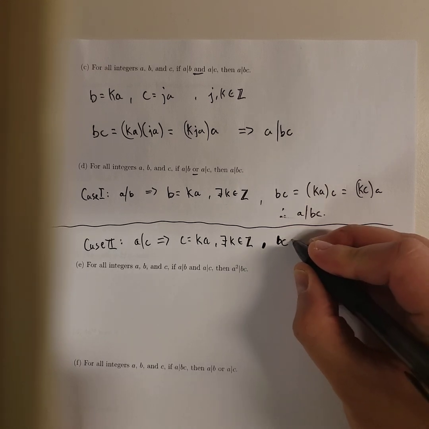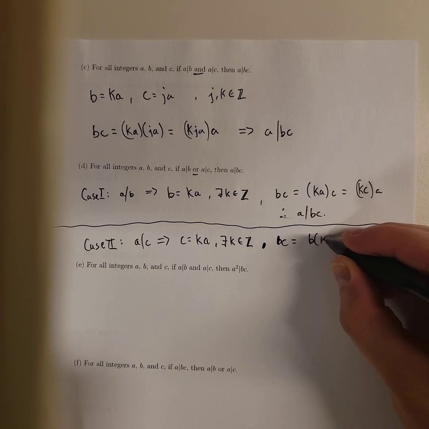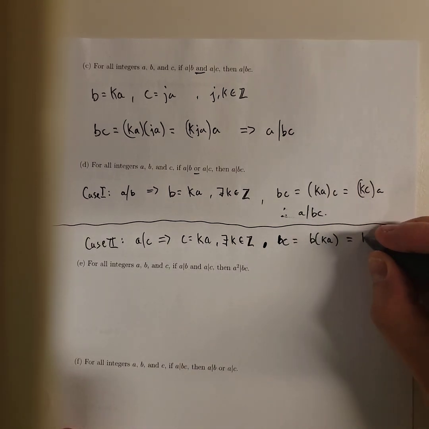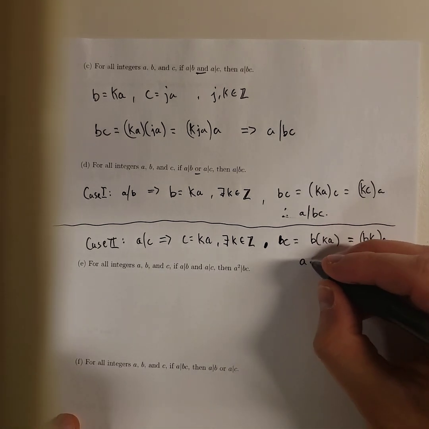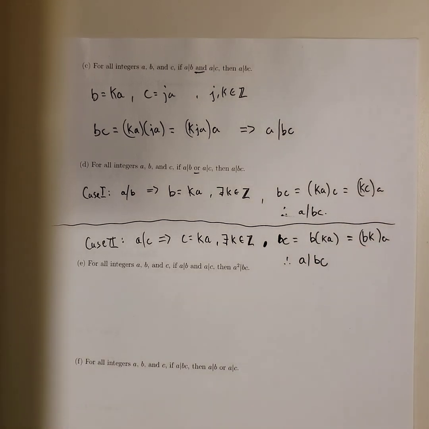And this time BC would be B times KA, since C now is the multiple of A. But again, this time we have BK times A. We still get a multiple of A. So A divides BC. So in either case, we do have our conclusion. So the full statement is true.